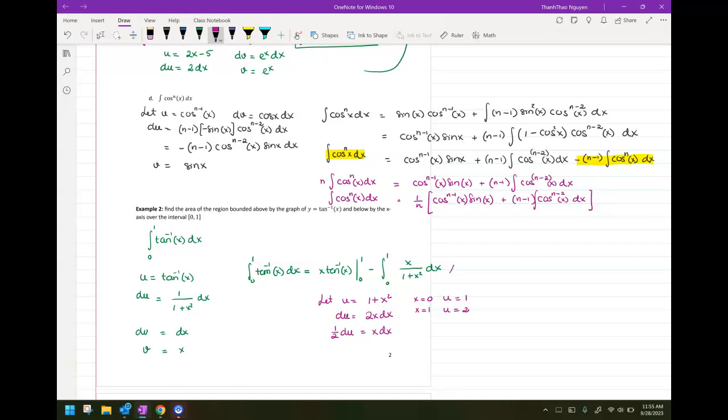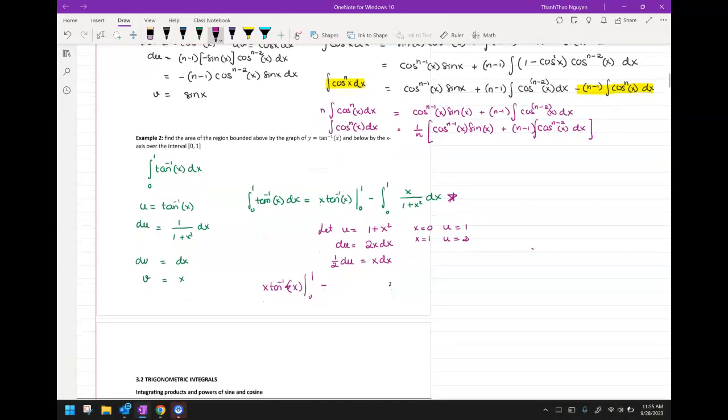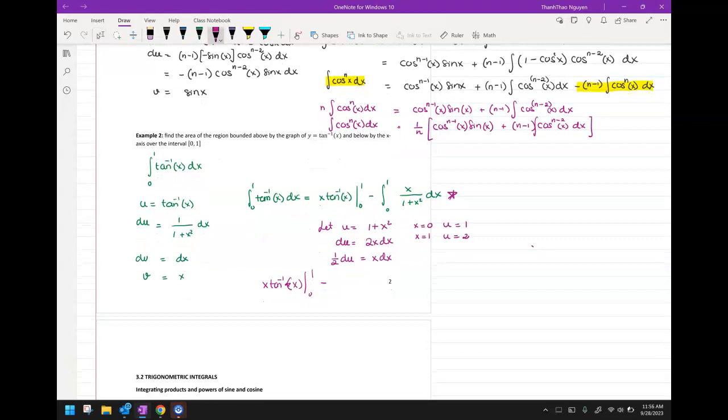So this whole integral becomes x times tangent inverse of x, evaluated from 0 to 1, minus the integral from 1 to 2 of 1/2 du divided by u.